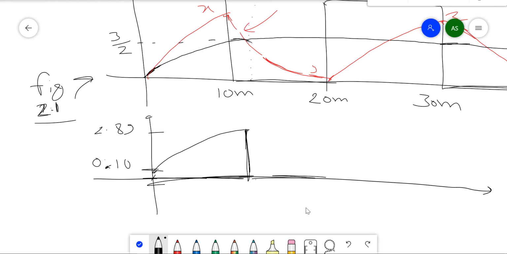Then again in the next cycle, this will begin from here and reach till here. So IST will be 0 for the negative half cycle, and in the positive half cycle it will go from 0.10 to 2.89.